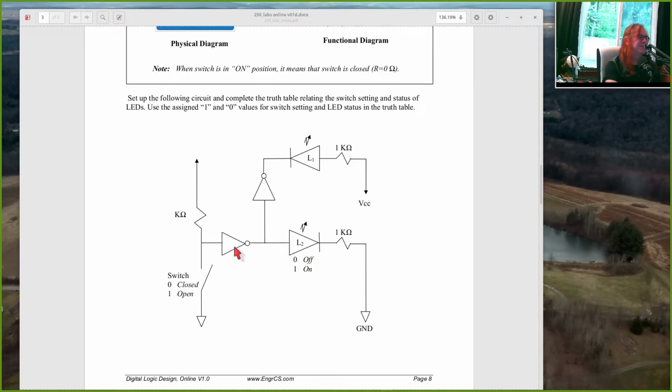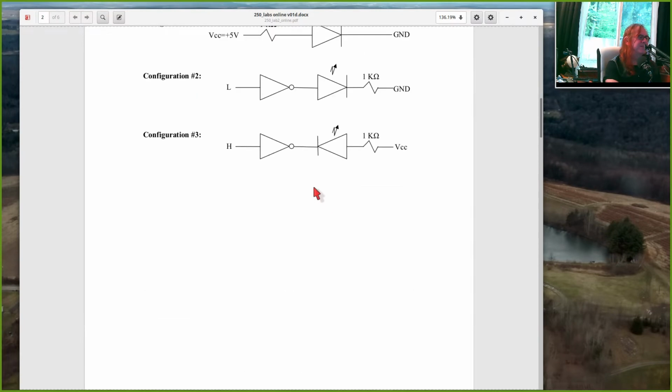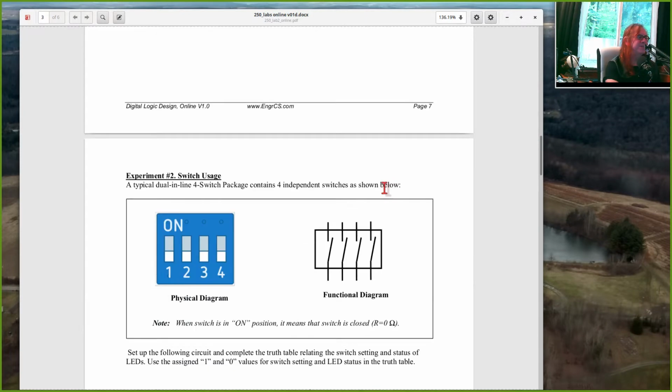On the other hand, since this is ground, logic 0, this is logic 1 here, we have a high logic right here going into an inverter. The output of the inverter is low, which is ground. Here's the cathode of an LED, here's the anode, 1K to 5 volts. This is configuration 3. This is an inverter with a logic high going into it, the output connected to the point of the LED, the other end of the LED going to VCC.